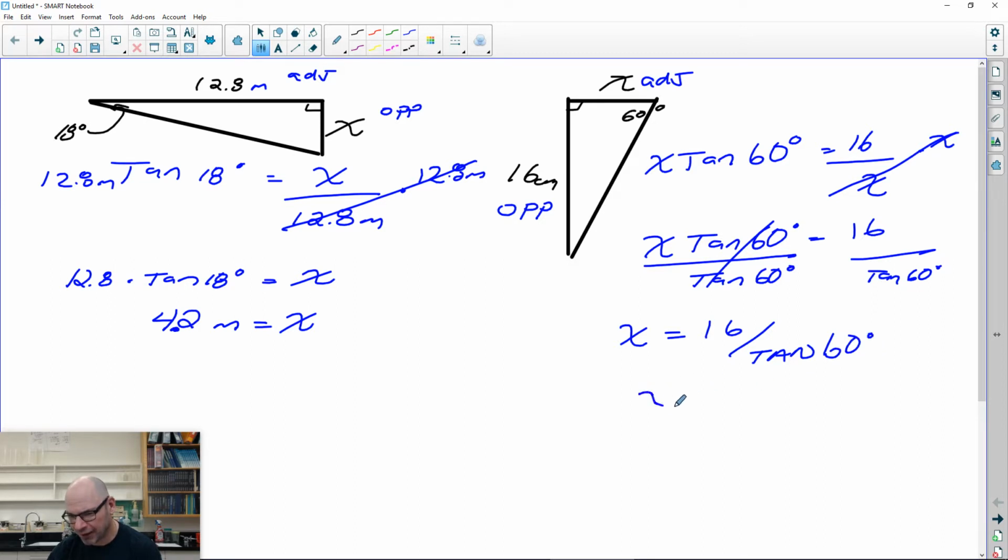If we do that on our calculator, make sure it's in degrees. 16 divided by tangent of 60. And I get 9.23, or 9.2 centimeters. Okay, that's our first two, A and B.